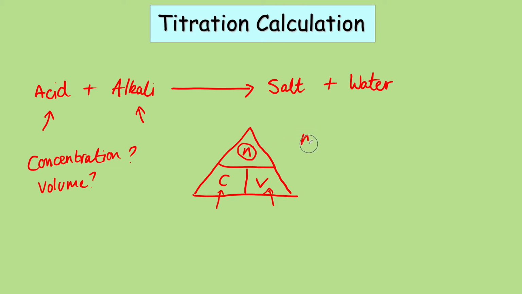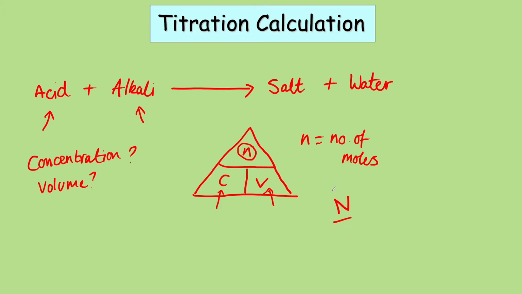That n means number of moles, and we should all be quite happy with that. We are going to use the letter N today, but a capital N, which is different from the lowercase n. This N means something slightly different, and we're going to look at what that means in a second.